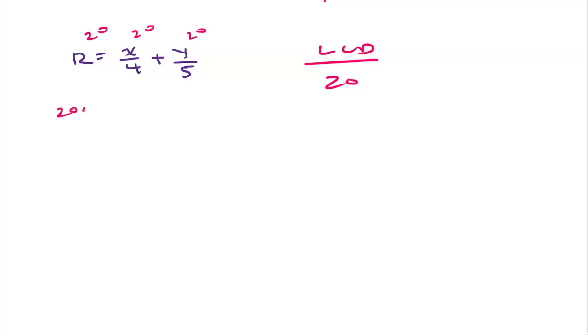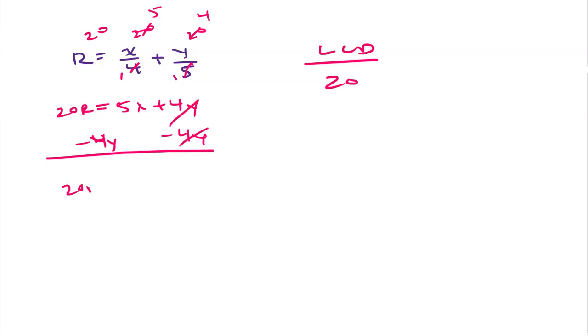That gives us 20R is equal to 20 divided by 4 is 5, so we'll have 5x, and then 20 divided by 5 is 4, so we have plus 4y. And then our goal was to solve for x, so we're going to subtract 4y on both sides.